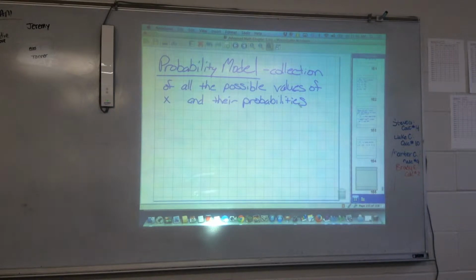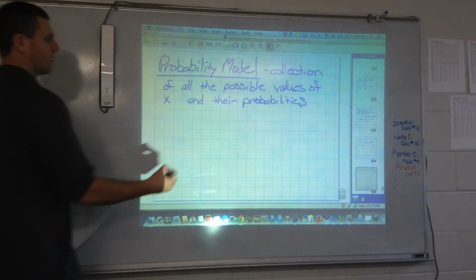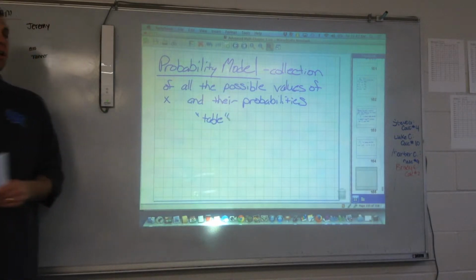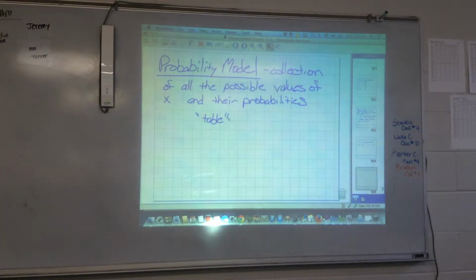So it's basically going to be a table. You'll probably make a table. And it's going to be a collection of all the possible values of x and the probabilities that go with them.